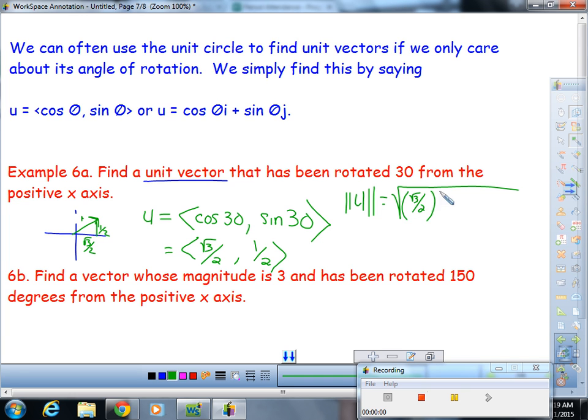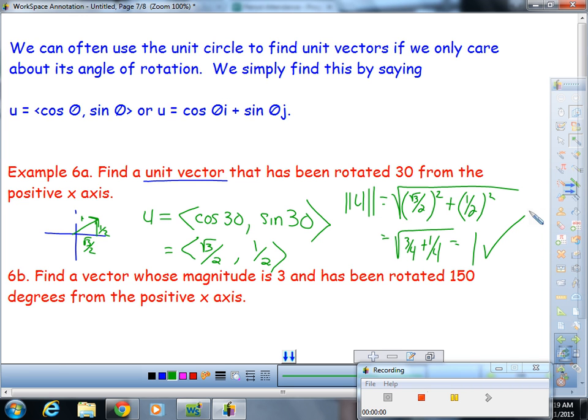So we're just doing our Pythag again, plus 1/2 squared, and that's going to be 3/4 plus 1/4, which is 1. So we just confirmed that that was indeed a unit vector.